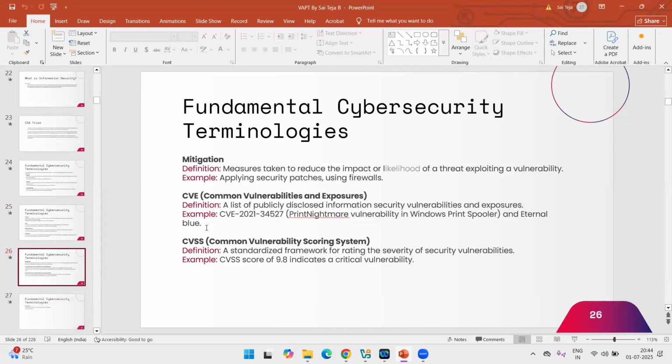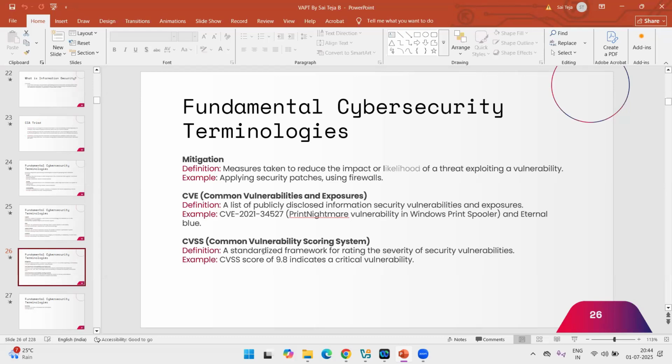Clear? And of course, we need a solution for this. So we call it a mitigation or countermeasures. This is the measure taken to reduce the impact or likelihood of a threat exploiting a vulnerability. I mean to say, it's the solution or the steps that you're giving to reduce the risk.